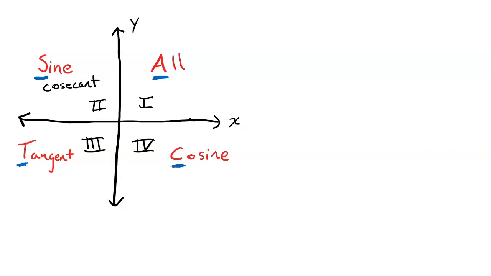The way you can remember this is by saying: all students take calculus. This is just a way of remembering which functions are positive in which quadrant. So let's look at an example and go through that.